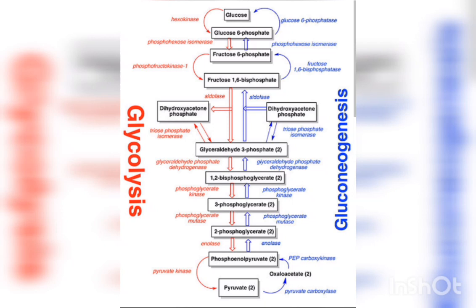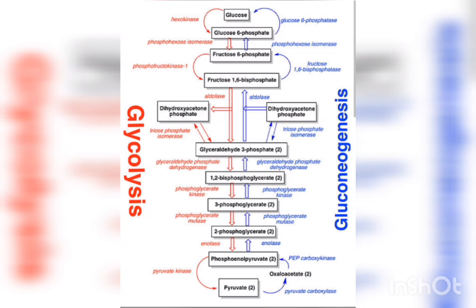During glycogenesis, glucose is converted to glucose 6-phosphate by the enzyme hexokinase. Glucose 6-phosphate is then converted to glucose 1-phosphate and then to UDP glucose, which is used to form glycogen.